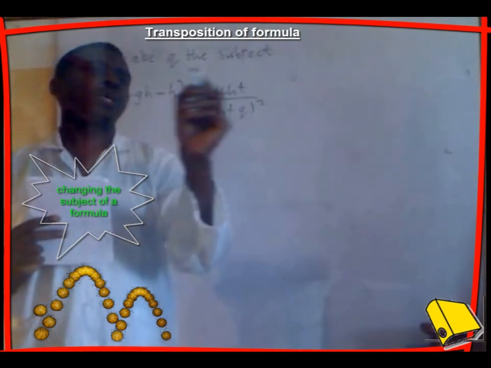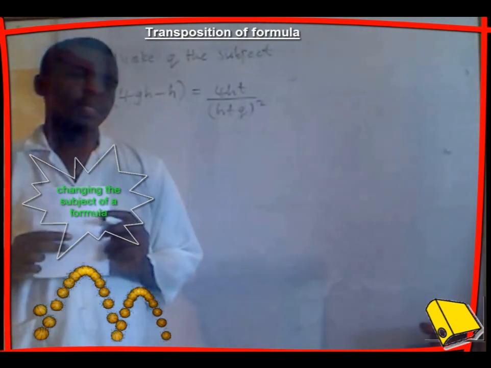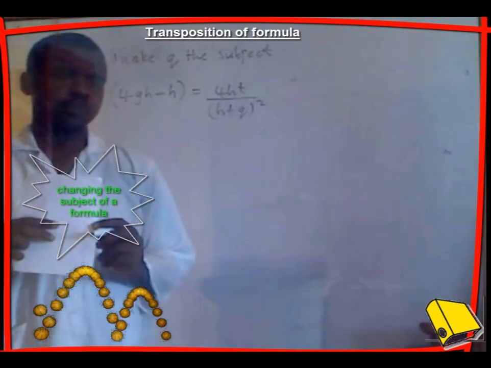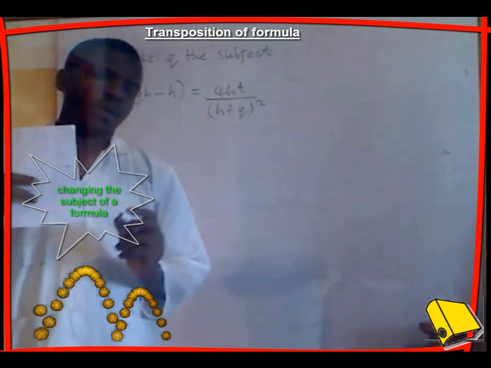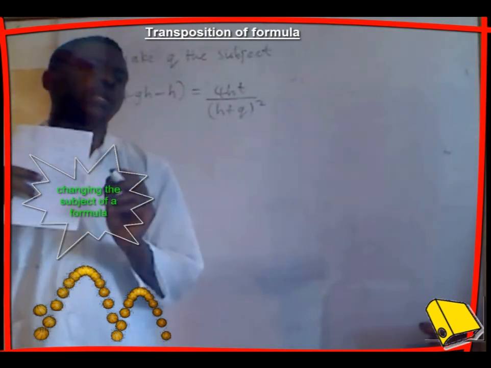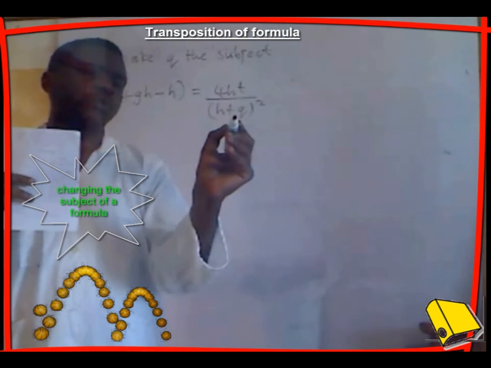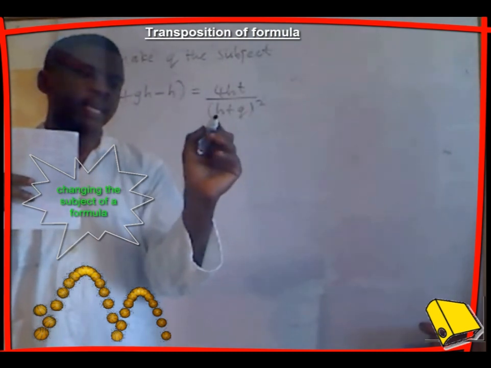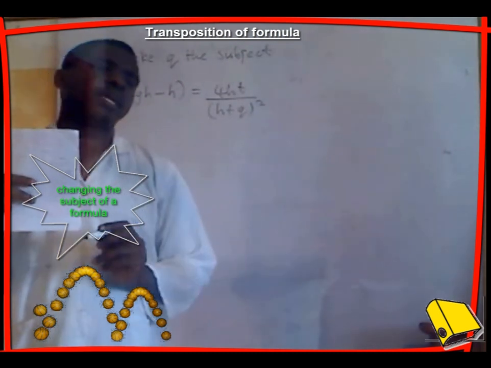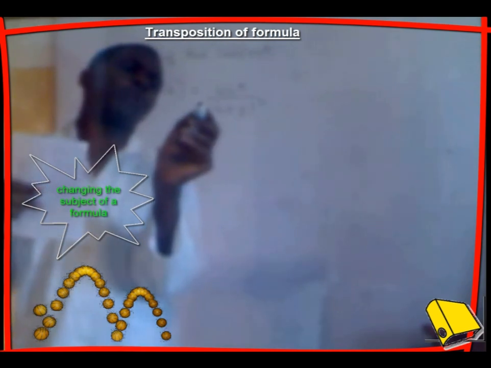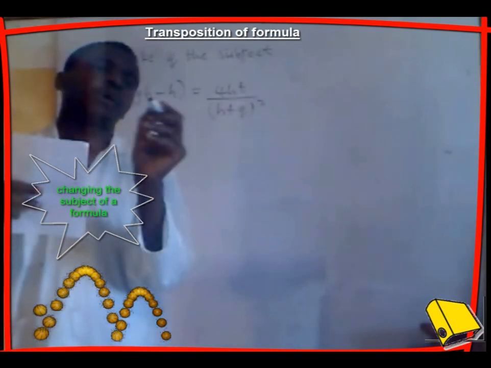We're asked to make q the subject in this formula. What do I do here? I have to put the term that contains q to my left. So here I can cross multiply. This goes up and this comes down.